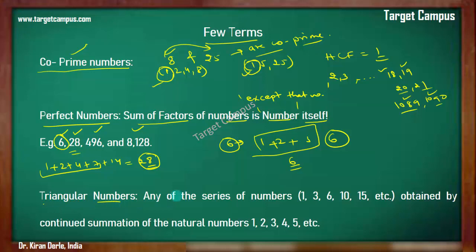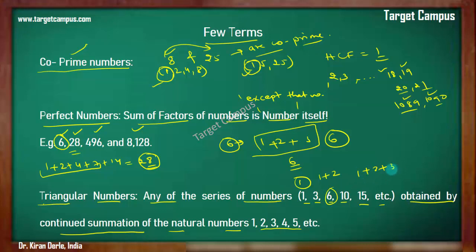Triangular numbers. What is a triangular number? Any of the series of numbers 1, 3, 6, 10, 15, etc. obtained by continued summation of natural numbers, right? So 1 is the sum of the first natural number, 3 is the sum of 1 plus 2, 6 is the sum of 1 plus 2 plus 3.